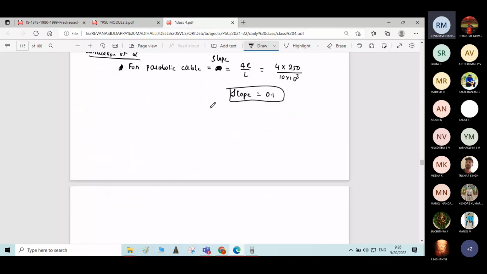Therefore, as the cable is pulled from one end, alpha is calculated as 2 into slope, that is 2 into 0.1, so you will get alpha as 0.2. And what is x?